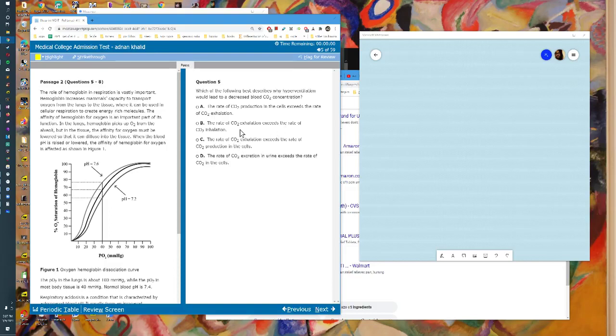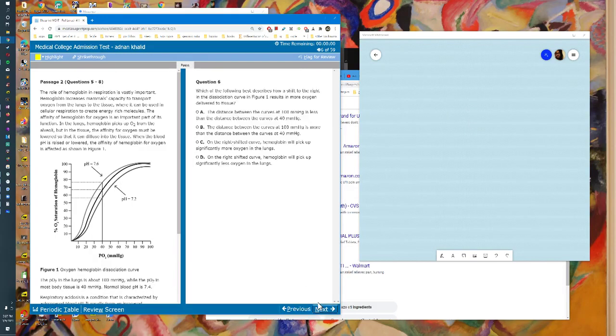Oh yeah, sorry, there's no CO2 inhalation. This is talking about hemoglobin in the blood. So decreased blood CO2 concentration, because you're getting the CO2 out of your blood through exhalation at such a fast rate that it's faster than how quickly your body can make the CO2.